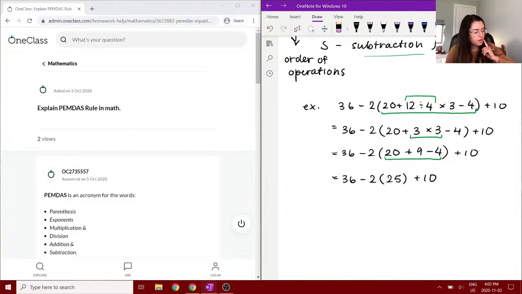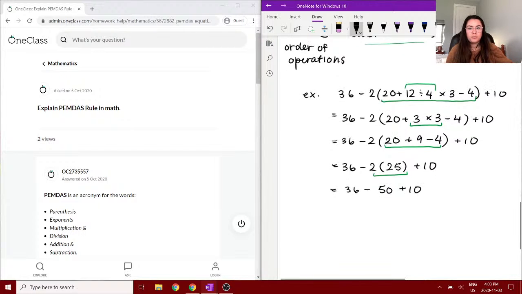Okay, so now we are at this point, and we see that we have subtraction, addition, and multiplication. So according to PEMDAS, we're going to do 2 times 25 first. So we have 36 minus 50 plus 10, which is the 2 times 25.